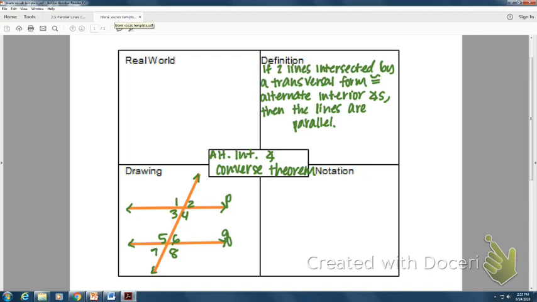Okay, if we're going to use the alternate interior converse theorem, what two angles would need to be congruent? 4 and 5. Very good.